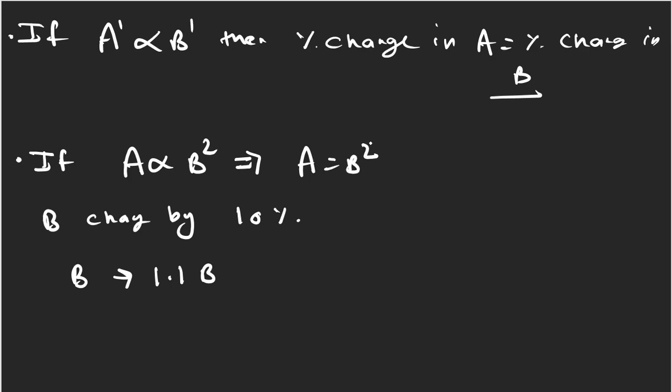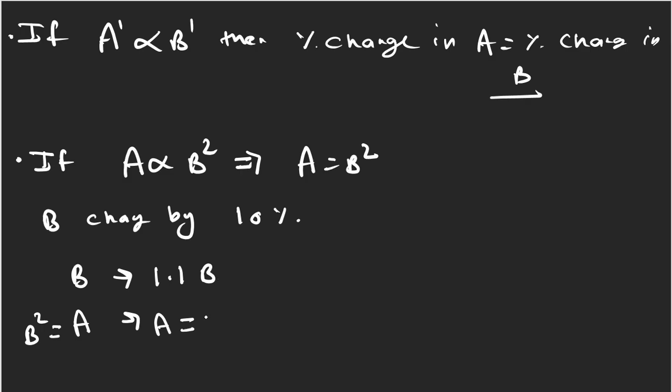You all know when we remove the proportionality sign, we apply a constant. So suppose that for simplicity we are taking that constant as 1, so a is equal to b square. So here b becomes 1.1b, and initially a was a, which was equal to b square. Now what will be the value of a? The new a will be equal to 1.1b whole square.